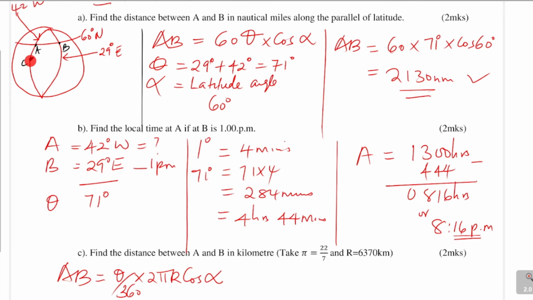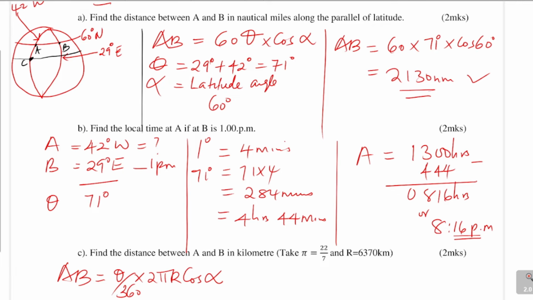C will move from A and it will be located on a different latitude. Since it is directly south of A, that is along the same meridian, along the same longitude, 42 degrees to the west.